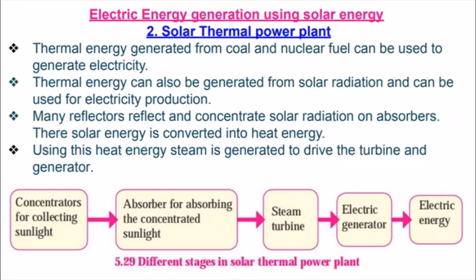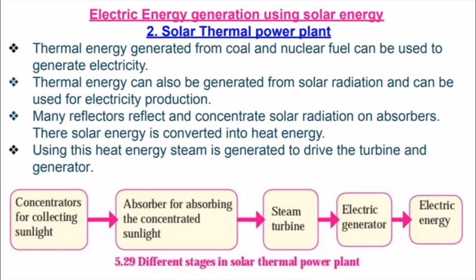Now next is the solar thermal power plant. We saw that we can produce thermal energy by burning coal, or from nuclear fuel. But thermal energy can also be generated through solar energy. We can use the radiation of the sun to produce thermal energy.